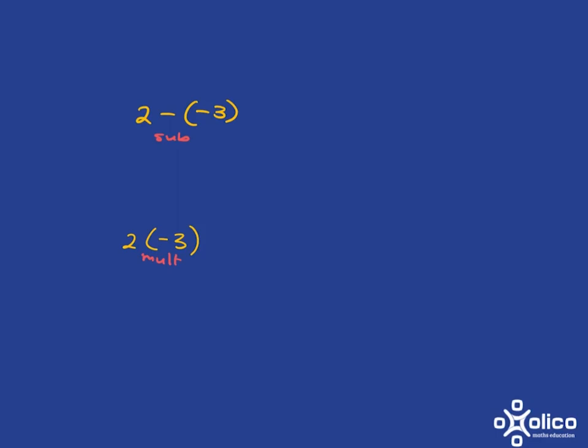So then this one will become, if we are subtracting a negative, taking away some cold, it's the same as adding. So this is going to be the same as 2 plus 3, which is 5. In contrast, here we're in the multiplication world, and so we're going to use our rule. A positive multiplied by a negative gives me a negative, so the answer is going to be negative, and 2 times 3 is 6.